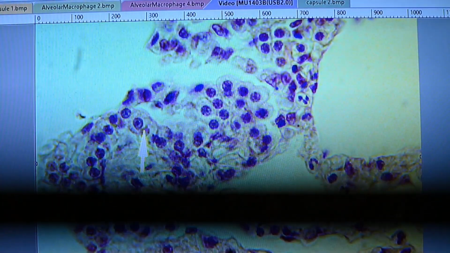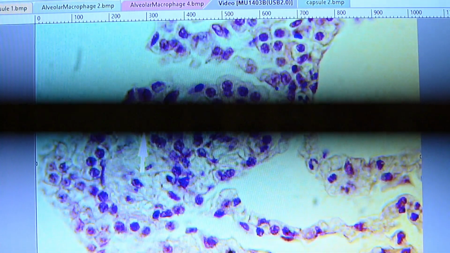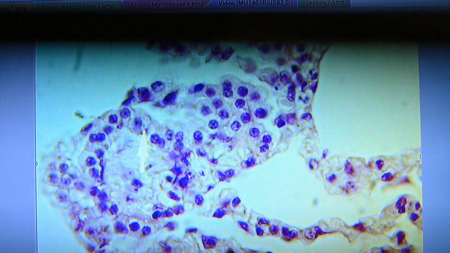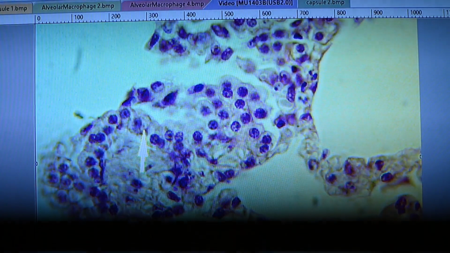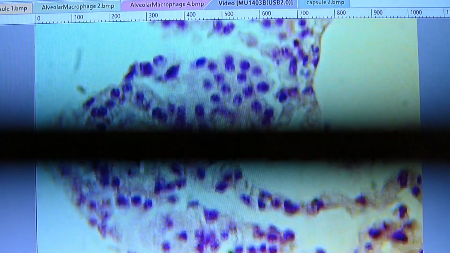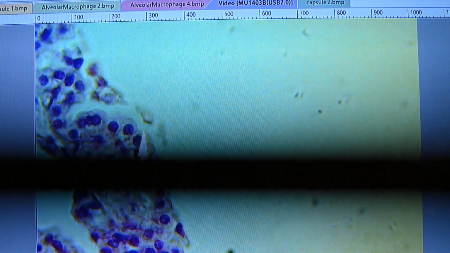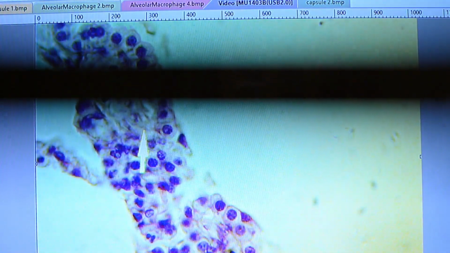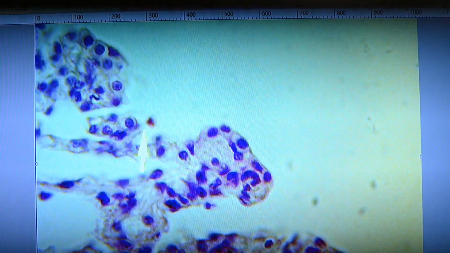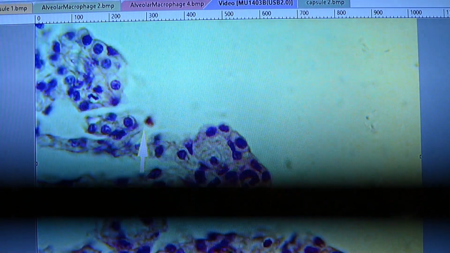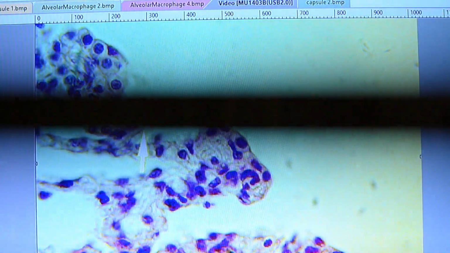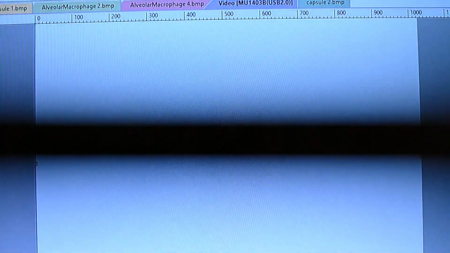More Clara cells here at the pointer, rounded tops. So we've left our glands behind, we've left our cartilage behind, as we get to smaller and smaller passageways going down through the lung.